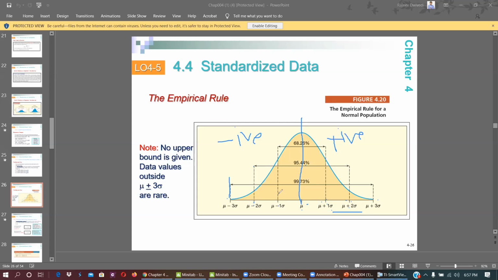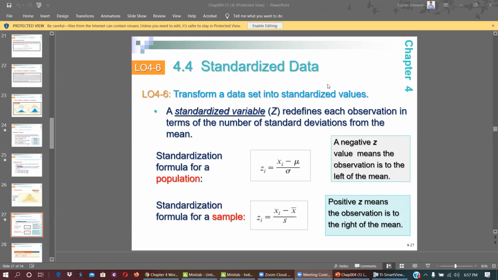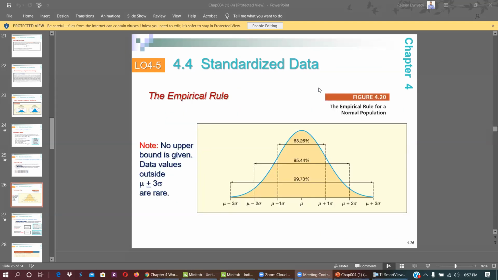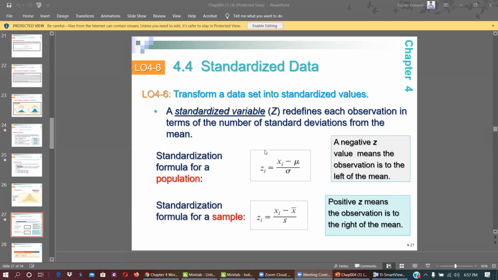Within 1 sigma on each side, meaning 2 sigma, 68.26% of data must be here. Is it making sense? I'm going to demonstrate on Minitab also. We are going to work a lot on this principle in the next couple of chapters, which are 6, 7 and 8. So this is very important to understand.